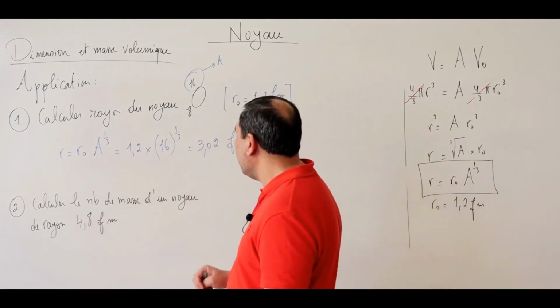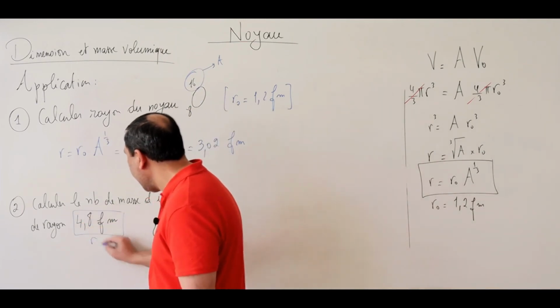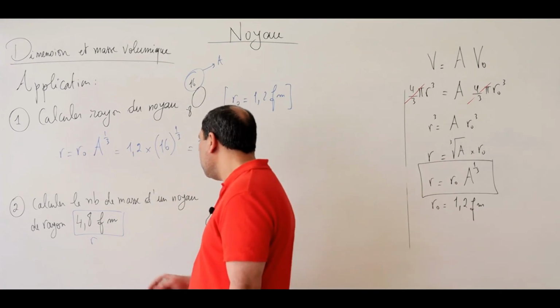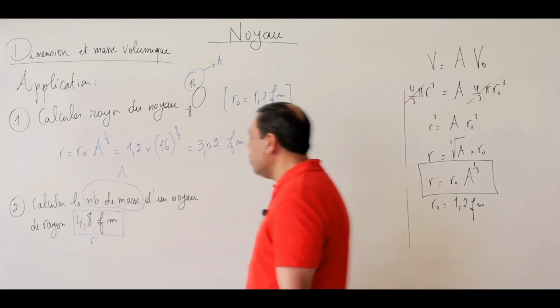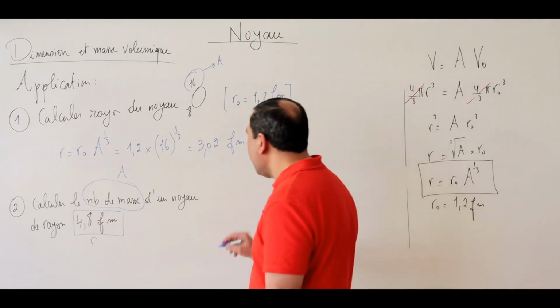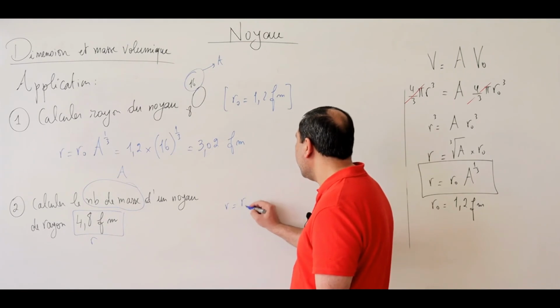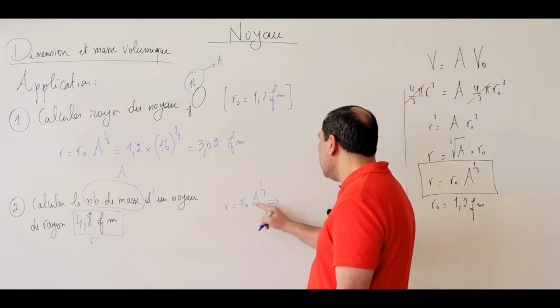Calculate the mass number of a nucleus of radius 4.8 Fermi. The radius is 4.8 Fermi. The mass number of this nucleus is A. We have to determine A, knowing the radius of the nucleus. We also use the same formula, R equals R0 multiplied by A exponent 1 over 3.